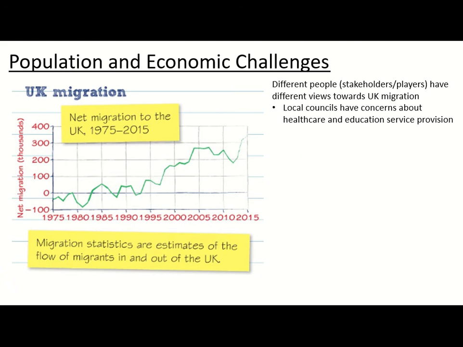Now you need to be aware of a few specific ones. Local councils. Local councils are responsible for local services, schools, hospitals, etc. Because schools and hospitals or local areas, doctor surgeries, may be suffering with an influx of people using them with maybe less English language skills than locals, that puts pressure on those services.